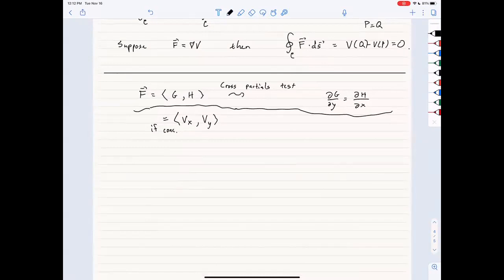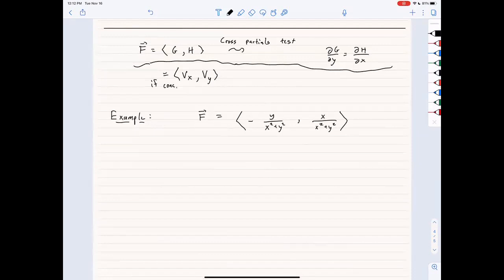So let's take a look at an example and see. Suppose we have the following function: F equals y over x squared plus y squared, x over x squared plus y squared. Let's apply the cross partials and see what we get.